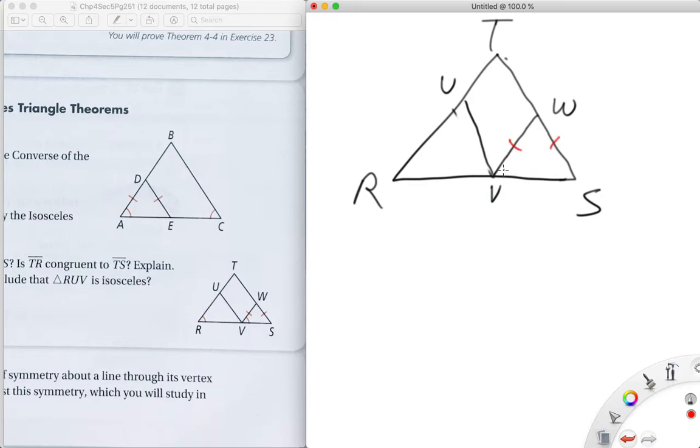Because of the isosceles triangle theorem, if the two legs are congruent, then the base angles are congruent.